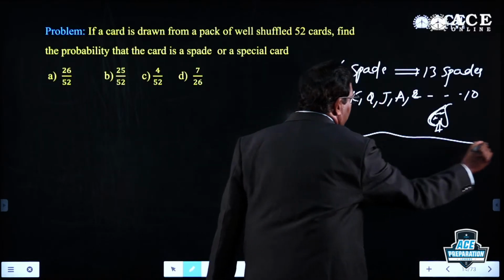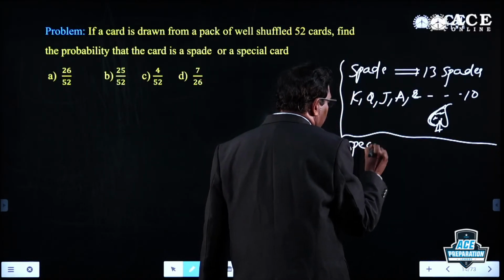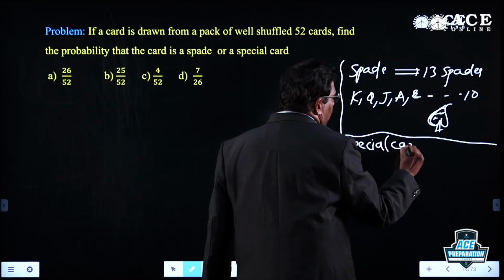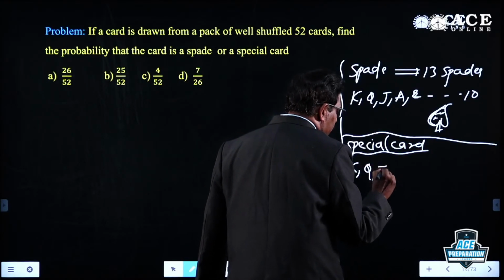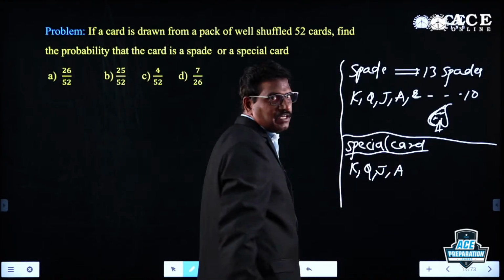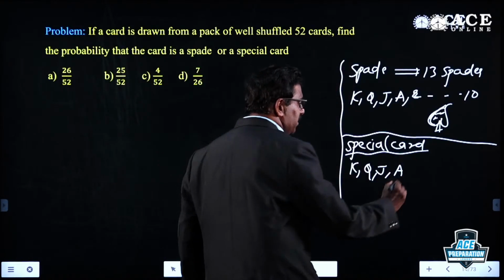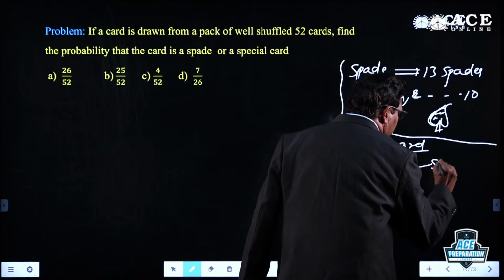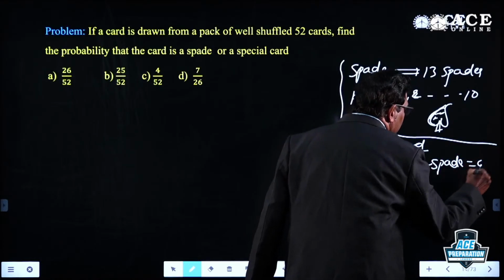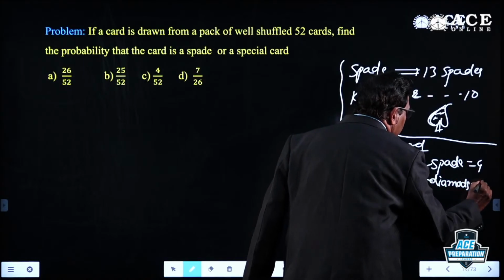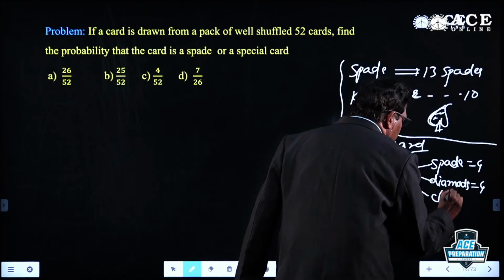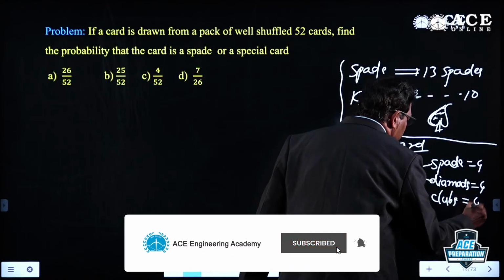Now what is a special card? A special card is nothing but king, queen, jack, ace. These are special cards. In spades there are 4 such cards. In diamonds also there are 4 cards. In clubs also there are 4 cards.